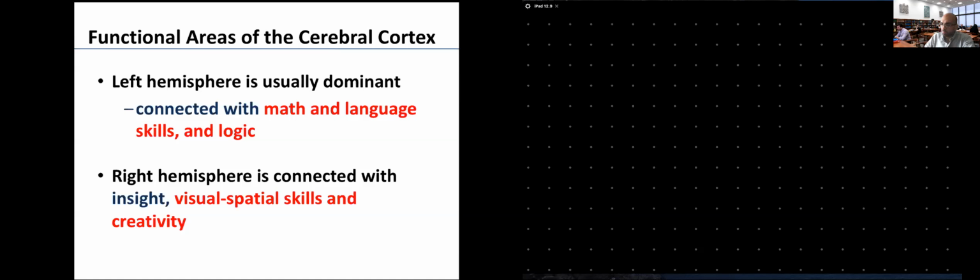All right, so what is meant by visual spatial skills? What do we mean by visual spatial skills? What do you think? Visual spatial skills means you are able to have some kind of feeling of the measurements, the sizes, directions.